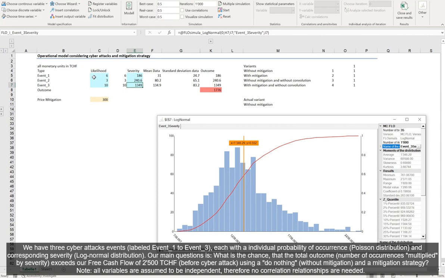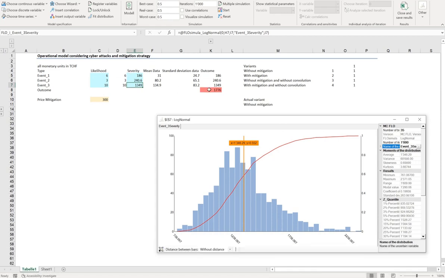So considering the three events and the corresponding likelihood and severity, our question is, how are the possible outcomes considering the manifold of likelihoods and severity for each different event.